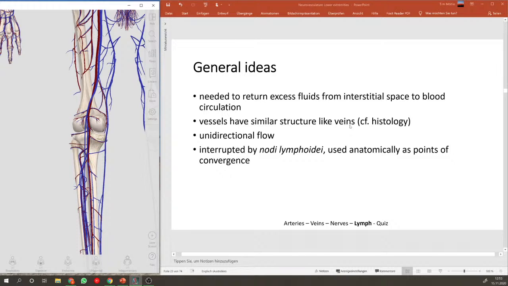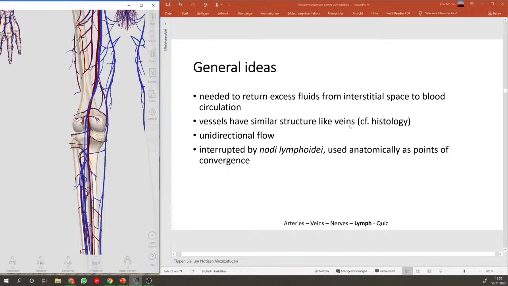So by that we have a high convergence of several hundred to thousand small lymphatic vessels converging ultimately to two main ducts, which will drain into the venous angle, angulus venosus. But you will study that later.